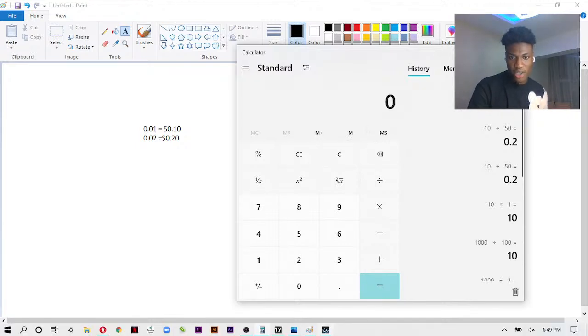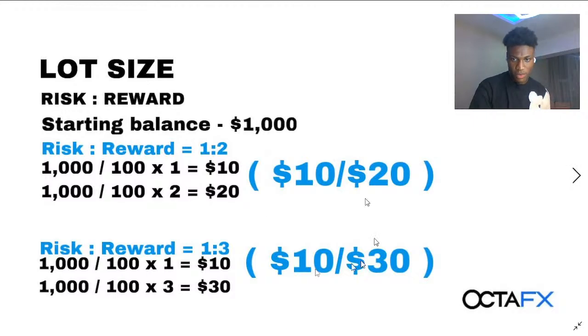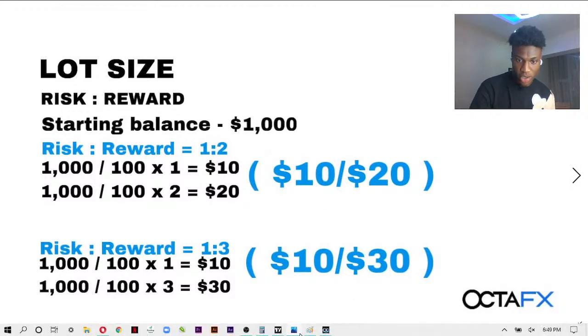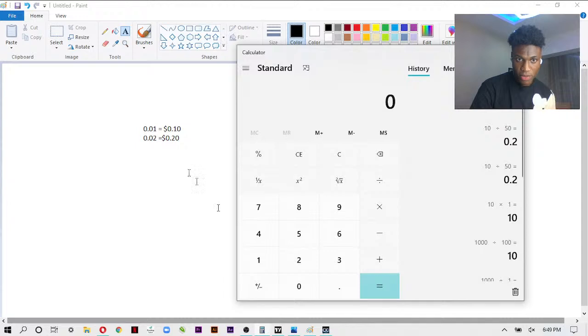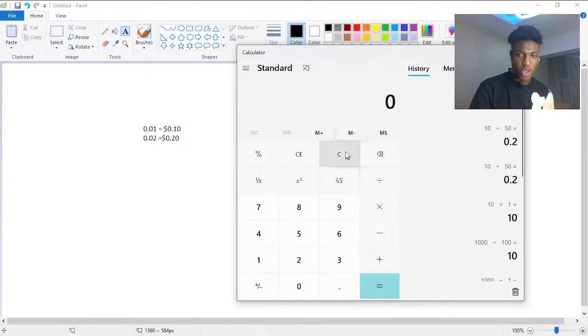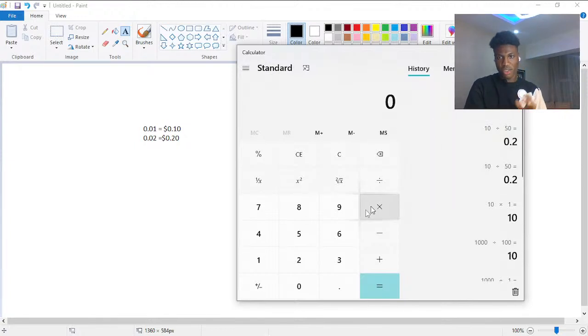Yeah, so where did I stop? Okay, so 50 pips, right? I'm looking to make 100 pips in profit before I can make 2% of my trading account. Now 100 pips is a little bit too much, so let's come down a little.